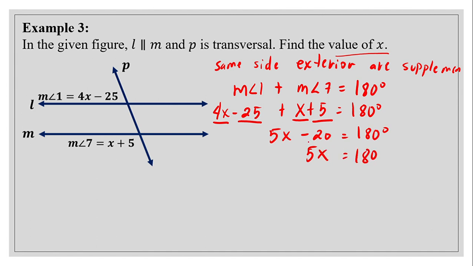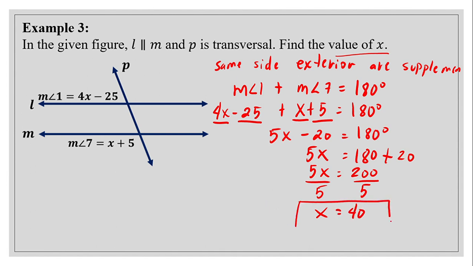From negative 20, it will become positive 20. Then 5x is equal to 180 plus 20, that is 200. Then divide both sides by 5, and you will get x is equal to 200 divided by 5, and that is 40. So our value of x is 40.